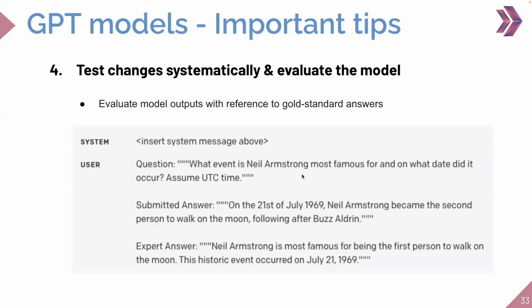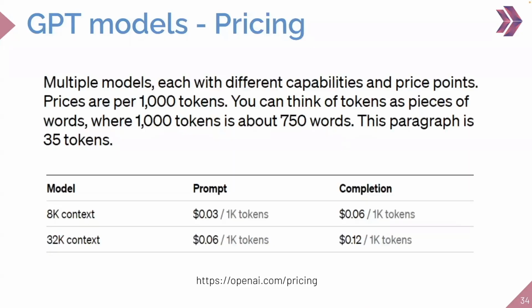So we know that this is the gold standard. We can know the answer. And the submitted answer is wrong. Okay. Neil Armstrong became the second person to walk on the moon after Buzz Aldrin. So you can see this is a wrong answer. Then the expert answer is: Neil Armstrong is most famous for being the first person to walk on the moon. An easy way to evaluate the model is with gold standard answers.